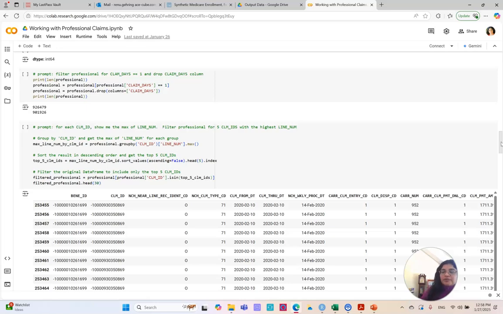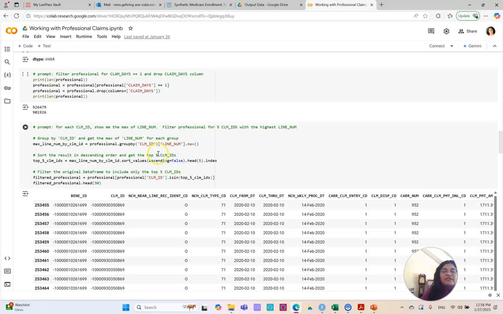So I'm doing some exploratory analysis here. And in my prompt, I said, for each claim ID, show me the max of line number, and then filter this data set professional for 5 claim IDs with the highest line number. I was curious to see.